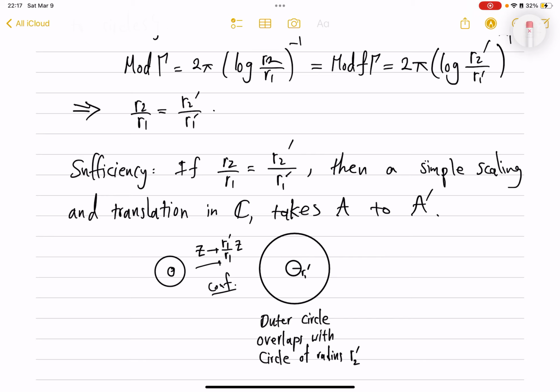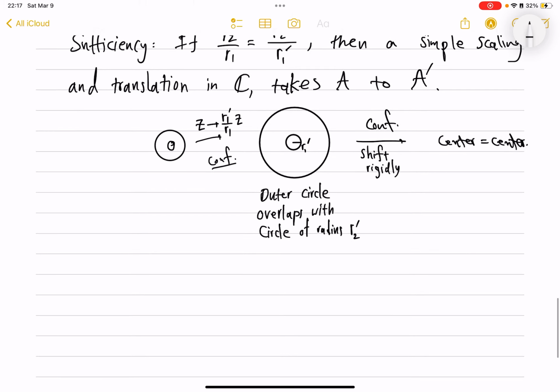And if we exactly want to have the same center, then just translate this, shift it very rigidly so that center is center. And again, this is just conformal. So composition of conformal is conformal.